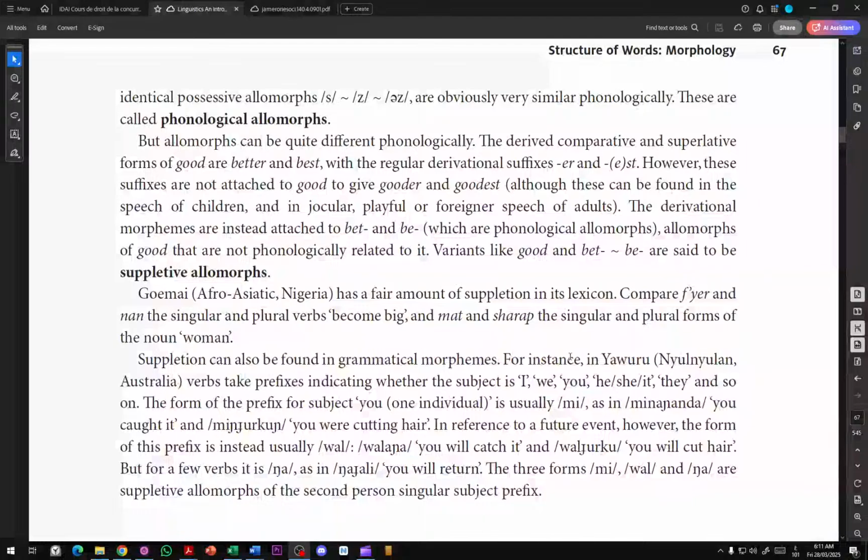Variants like good, bet, and be are said to be suppletive allomorphs.